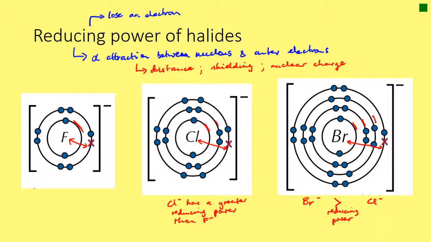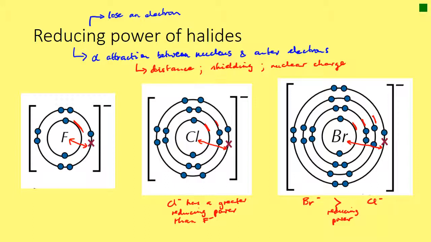And then if we look at bromide, just to accentuate the trend, distance has increased even further, so that's going to reduce the attraction and increase the reducing power. Shielding is even more, so we've got three complete shells of electrons to shield the outer electrons from the positive nuclear charge.